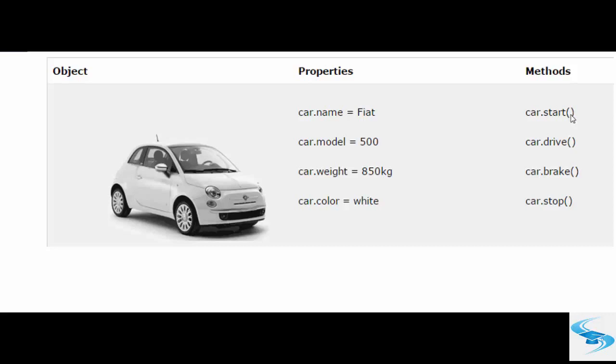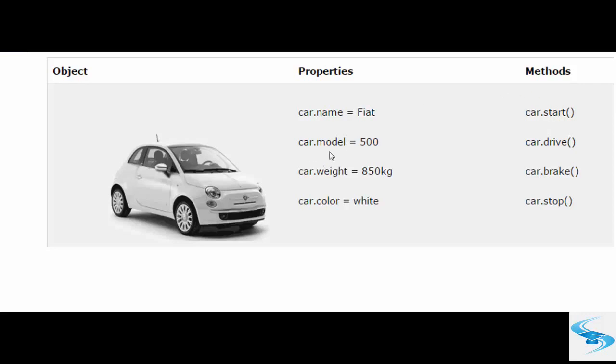Remember, function myFunction is how you start writing a function. So anything within these braces or brackets is known as a function. So car.name, the name of the car is Fiat, and it can be started, it can be stopped, it can be accelerated, and many other things it can have.